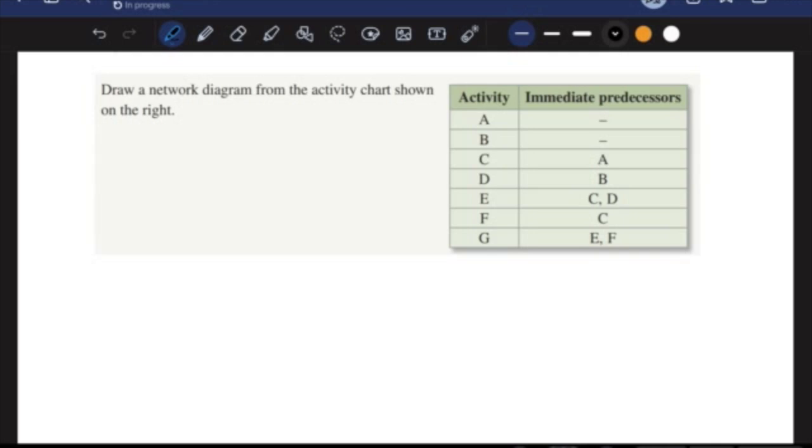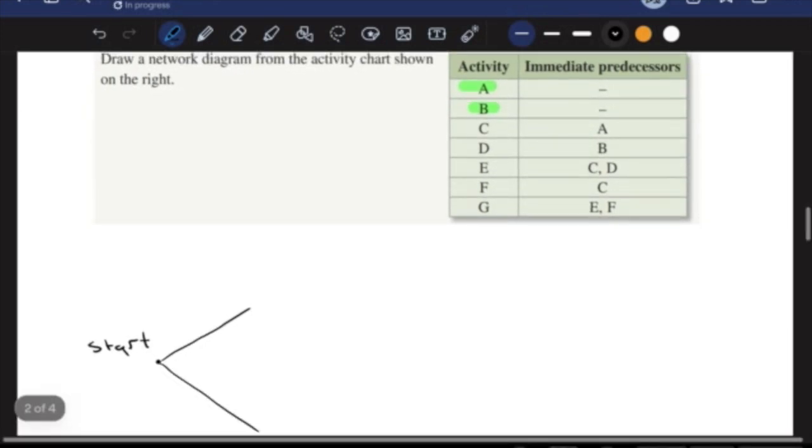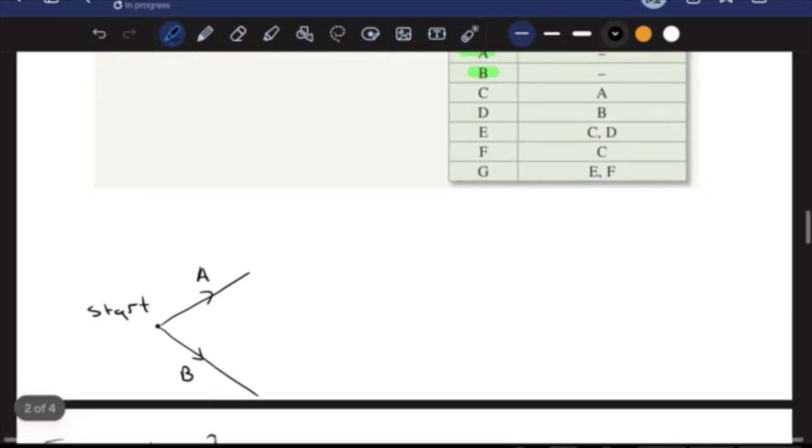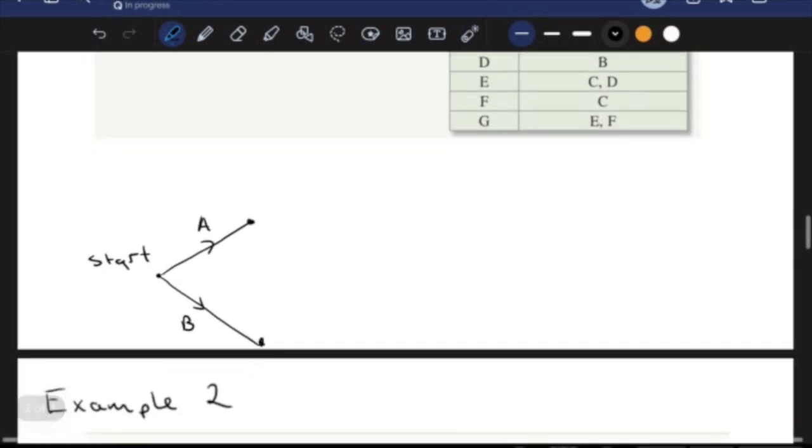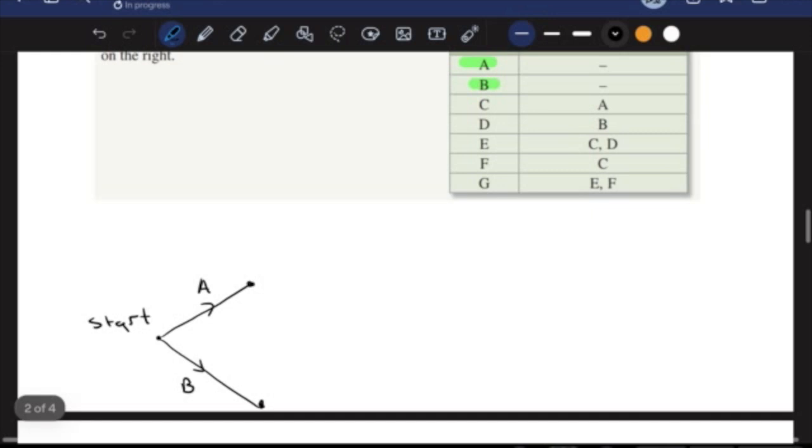Now, like I normally do, I'm going to label my starting vertex, and I'm going to go from here. Now, we can see that both A and B have no immediate predecessors. So we're just going to draw these two activities beginning from our starting vertex. So I'll call this activity A, this activity B. Now, these have been finished, so I'll drop another vertex here to show that those activities are done.